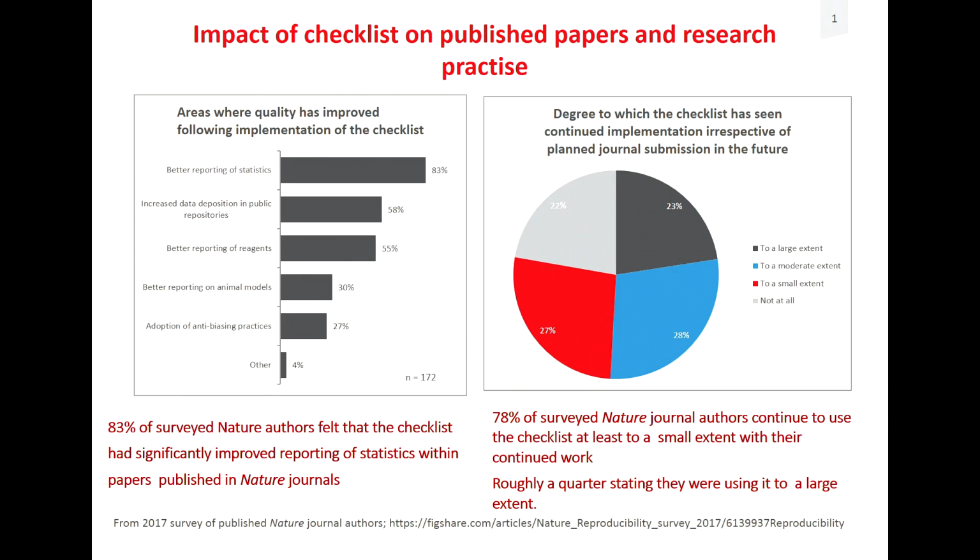And a quarter of the surveyed authors used it to a large extent to further their own work outside of the journal submission process. So to us, these findings are really encouraging. And on the whole, I would say that the feedback from authors has generally been positive. They understand that there are challenges.